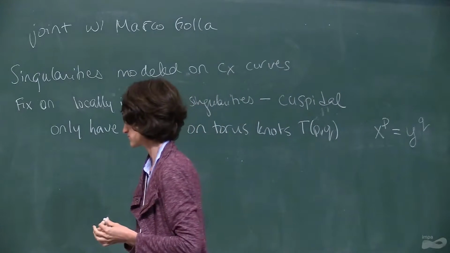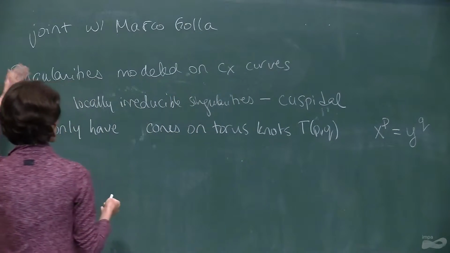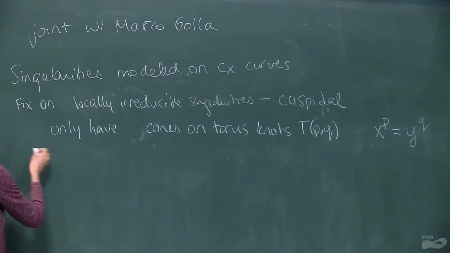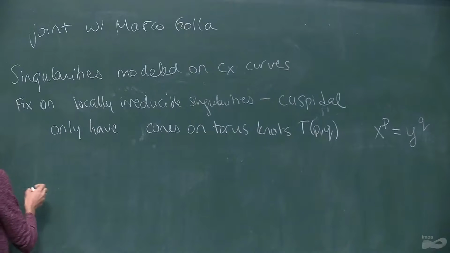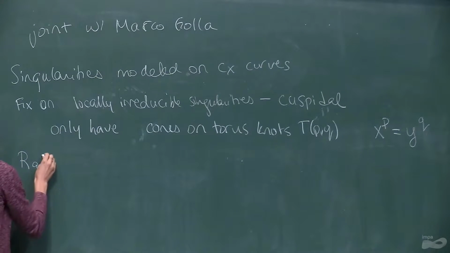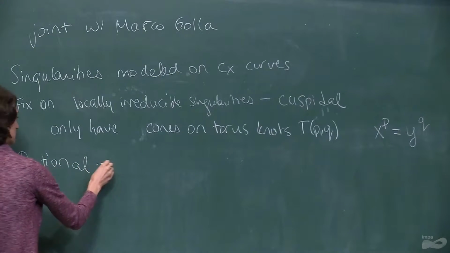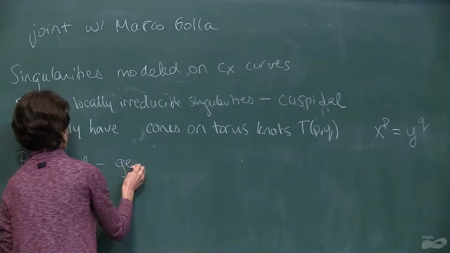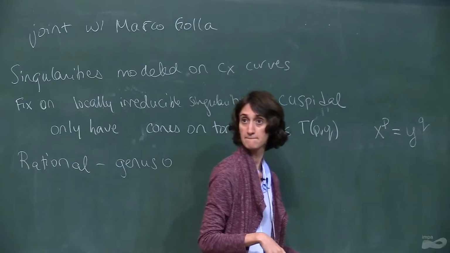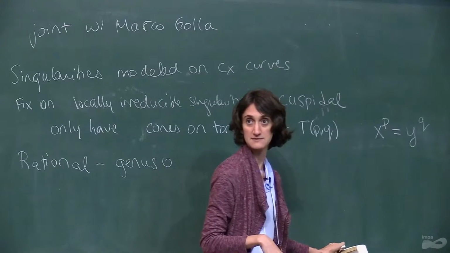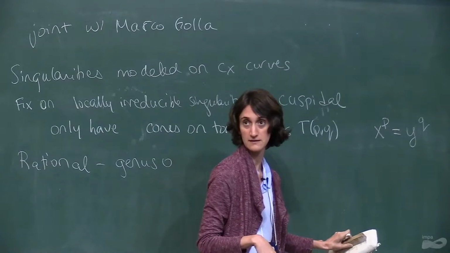Given these kinds of singularities, the other restriction we're going to make is low genus. We're going to look at the lowest possible genus, which is genus 0, so rational will refer to genus 0. P and Q are coprime, because I want a knot, not a link.